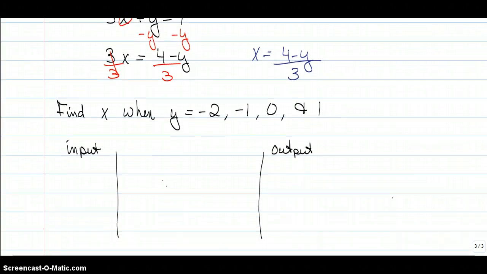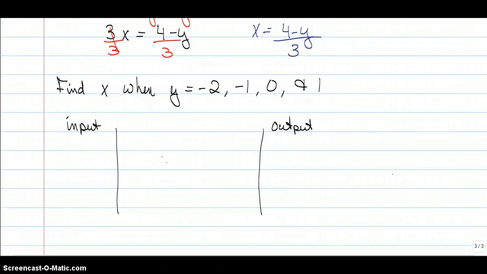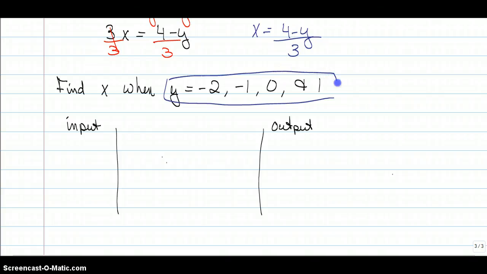Now the next part, they want us to find x when y is equal to negative 2, negative 1, 0, and 1. They're giving me my input. So if I'm not sure when I'm taking a test or quiz or doing homework which variable I need to solve for, if they're giving me y and the other variable is x, I know I need to solve for x because x will be my output, what I get.